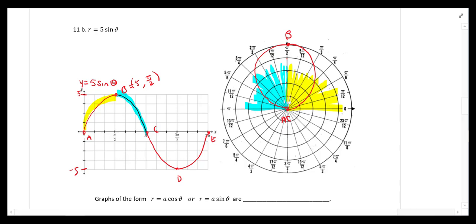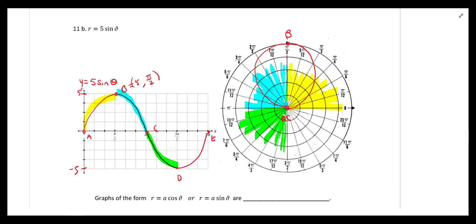And then now with the remaining parts, pi to 3 pi over 2, that's this quadrant, but notice all those r values are negative. And notice at 3 pi over 2, down here, our r value is negative 5. So at 3 pi over 2, it's negative 5. That means it's up here.